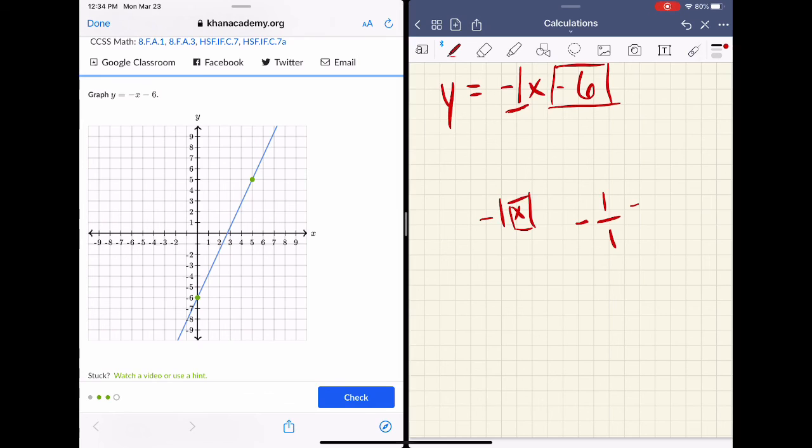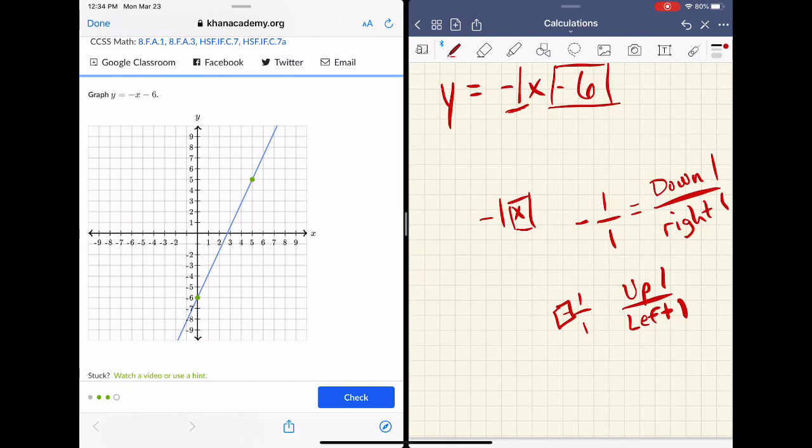Okay, so if you remember, we could go down 1 and then right 1, or we could go up 1 and apply that negative sign to the denominator and then go left 1.